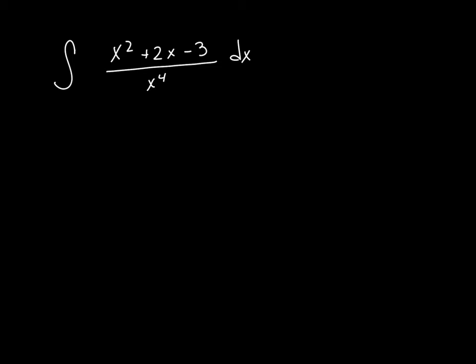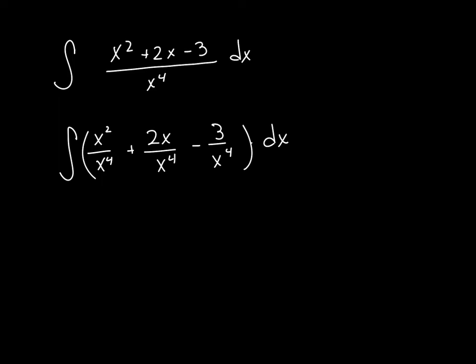So we don't have anything that we can use for a product here. There is not a product rule or a quotient rule for integration. It doesn't exist. The only way we know how to do this right now is to break that up and make that the integral of x squared over x to the 4th plus 2x over x to the fourth minus 3 over x to the fourth, all of that with respect to dx.